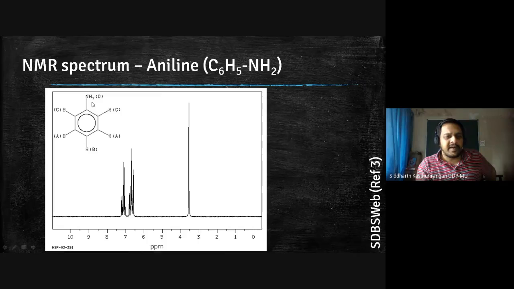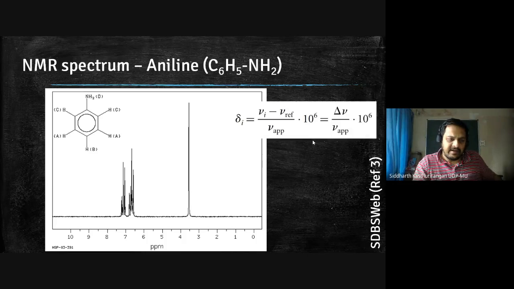But the idea is that if I know that different peaks are supposed to come at certain points, then I can pinpoint what is the type of functional group arrangement and what is the type of surrounding which the proton is facing in different compounds.